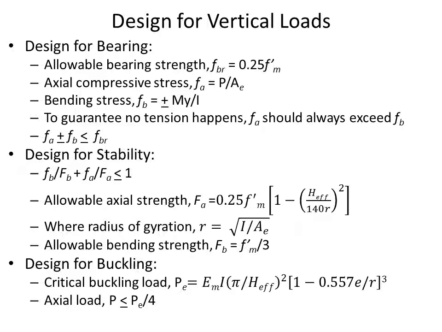And this critical buckling load, you should divide it by 4, and this is the maximum axial load that you are allowed to carry in order for this thing to not buckle.